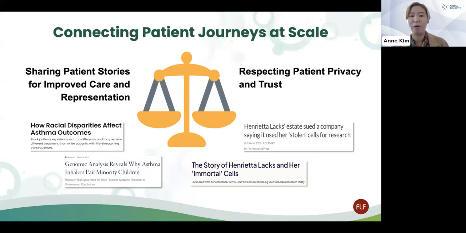And so the big challenge is having representation and being able to improve care and diversity while also respecting the trust of these patients. Oftentimes, even in anonymized patient records, you're not actually getting provenance as well as consent from these patients for being able to do this sort of work.